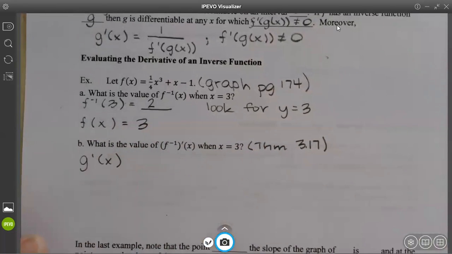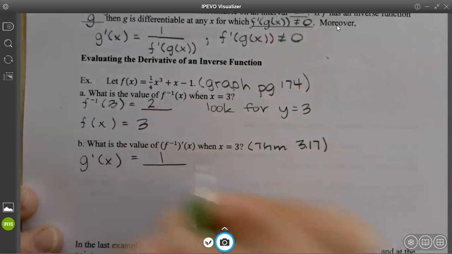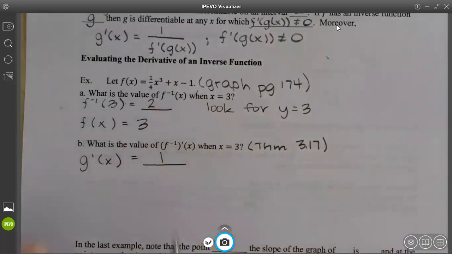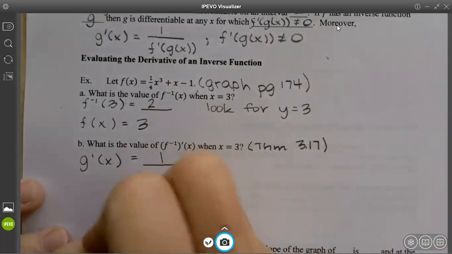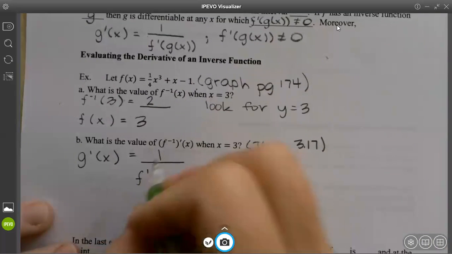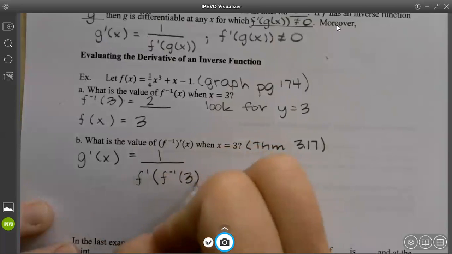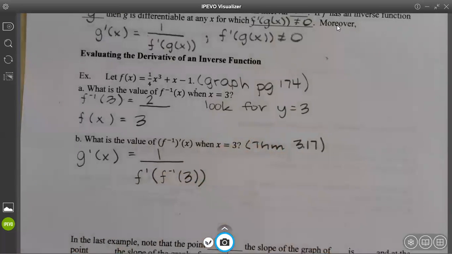So it says g prime of x equals 1 over f prime of f inverse of 3. We're going to talk about this for just a second.